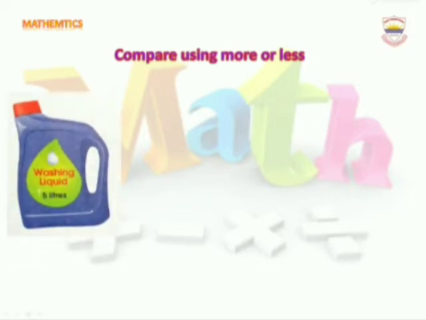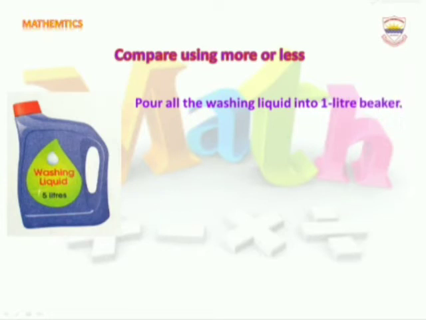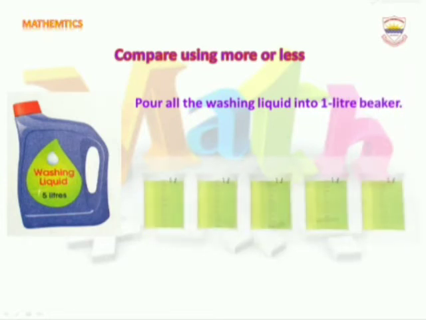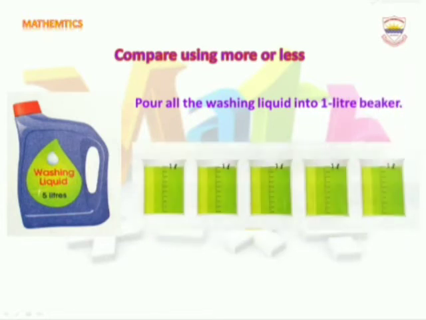This is a washing liquid container. How can we explain that it contains 5 liters of washing liquid? To explain it, we take beakers and pour all the washing liquid into 1 liter beakers. How many beakers are filled with this washing liquid?